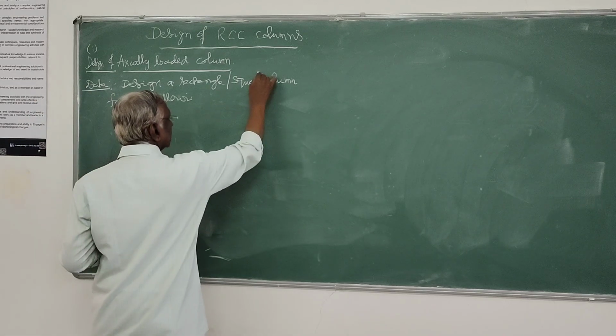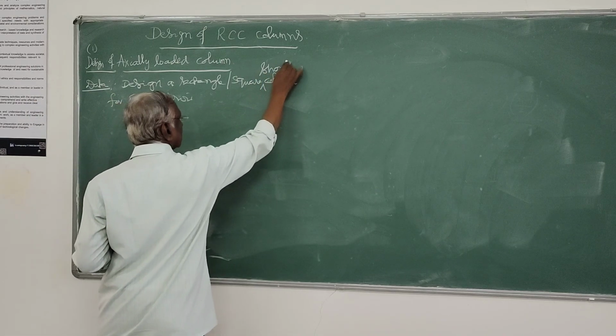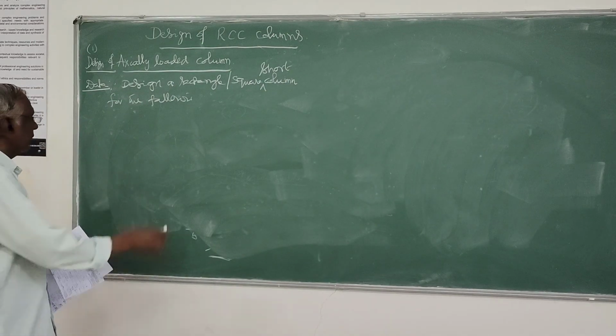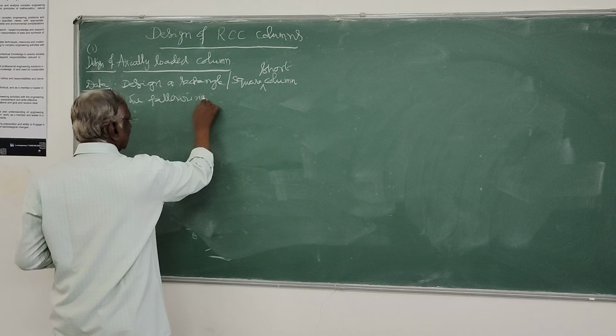Rectangular, square, short column, I say. As I told you, always we will design short column as far as possible, for the following data.